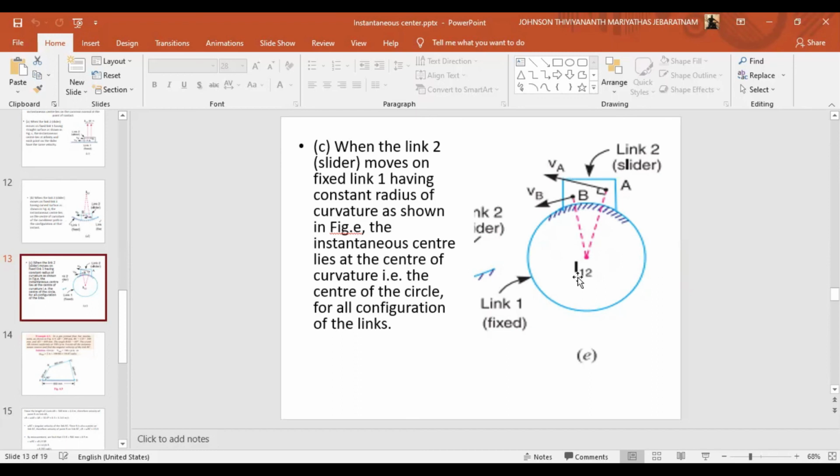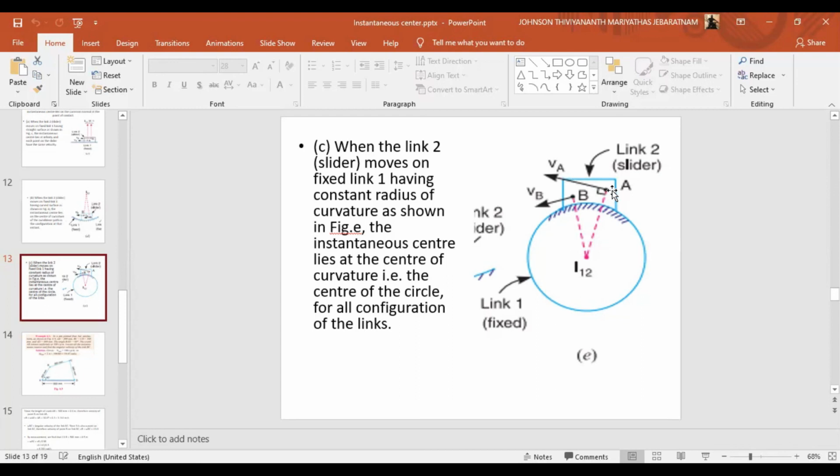Center of the curvature. In the previous case we said center of the curvilinear path, since that is not a complete circle. But here this is a complete circle. If I take any arbitrary points like A and B, and join A with the instantaneous center, the velocity VA would be perpendicular to that.